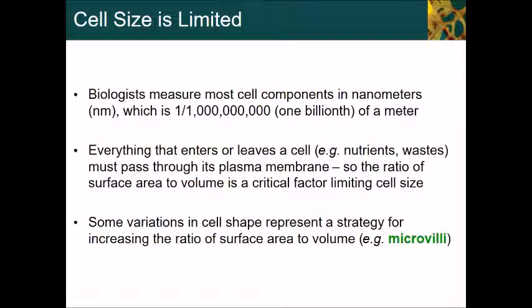If the organism is very small, meaning to say the surface area is very small, right? Therefore, some variation in cell shape represents a strategy to increase the ratio of surface area to volume.